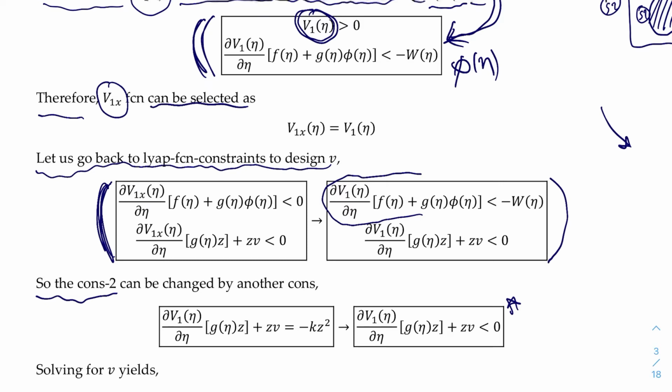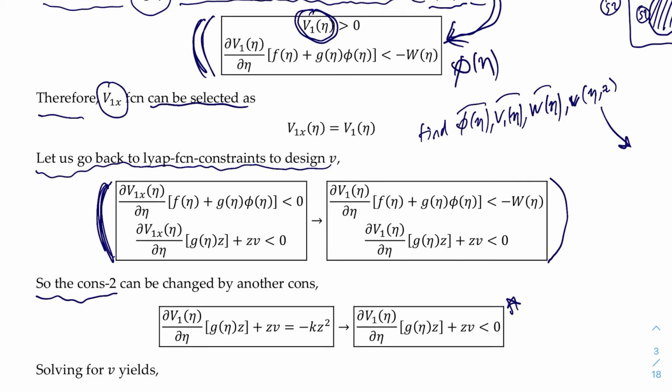We see that the problem statement is this: find phi of eta, v1 of eta, w of eta, and v, this v, of eta and z. Okay, so 1, 2, 3, 4 functions. Find simultaneously, right?